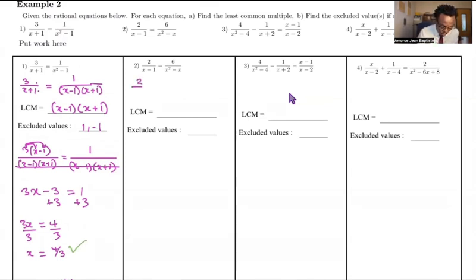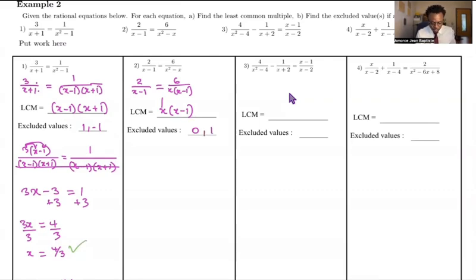So that's 2 over x minus 1 equals 6 over x times x minus 1. The least common denominator would be x times x minus 1. And the excluded values are 0, because this one is 0 when x equals 0, and this one will be 0 when x equals 1.